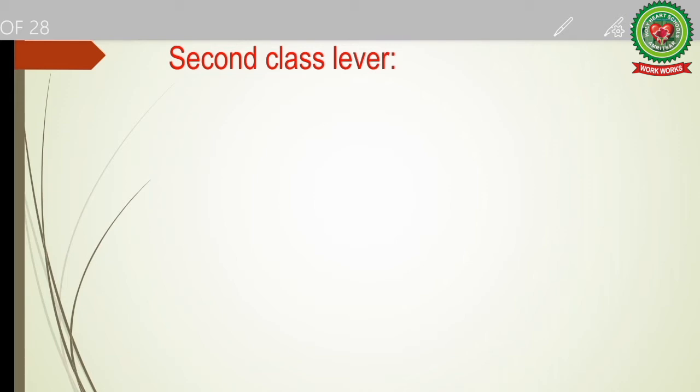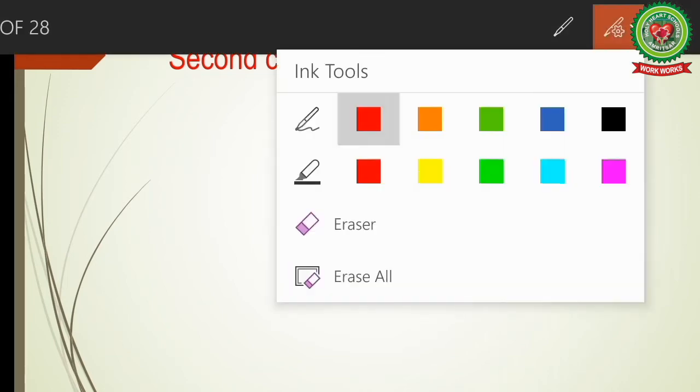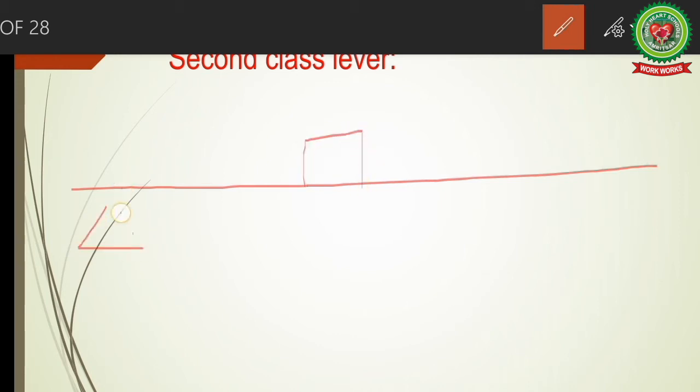second class lever. According to the same trick, a lever in which what is located in the center? Yes, load. A lever in which the load is located between the fulcrum and effort is called a second class lever, right?